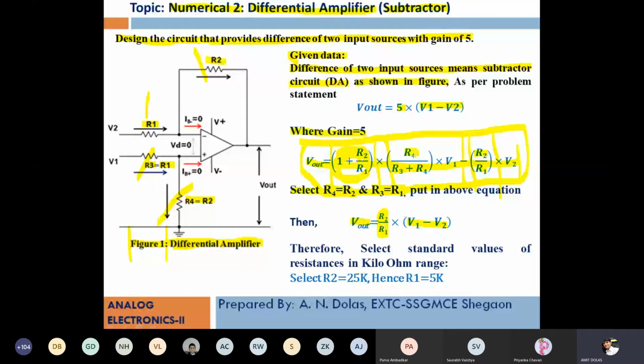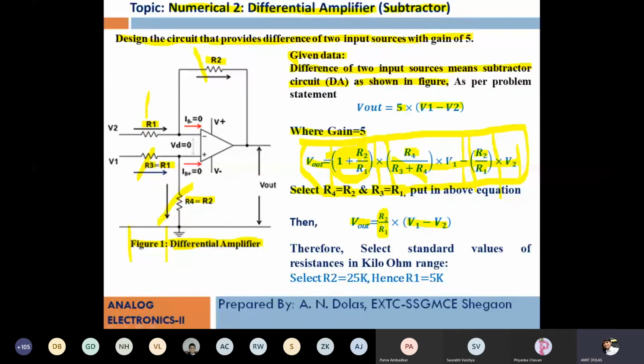So the R1 plus R2 from this denominator and the R1 plus R2 from the numerator of the first term will get cancelled, and it will be simply R2 by R1. So what will be the new formula? The new formula will be R2 by R1 into V1 minus R2 by R1 into V2. So I took R2 by R1 outside of the bracket, and in the bracket we have V1 minus V2.